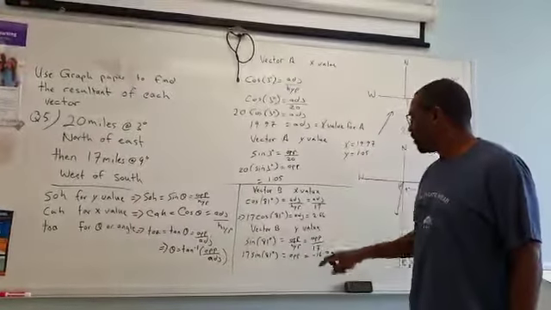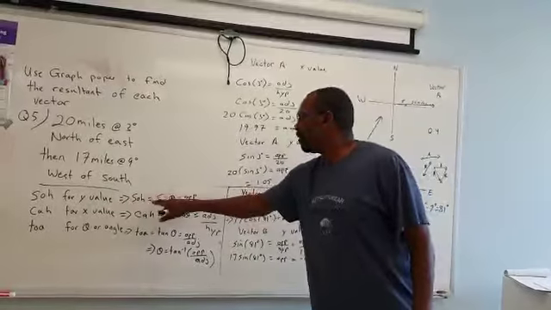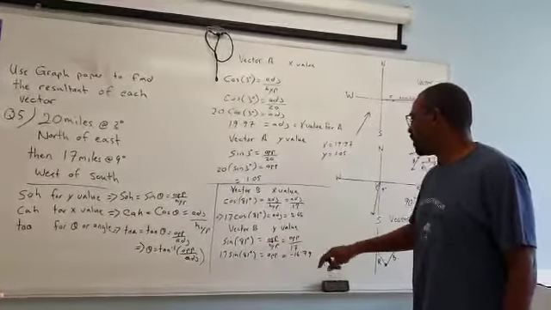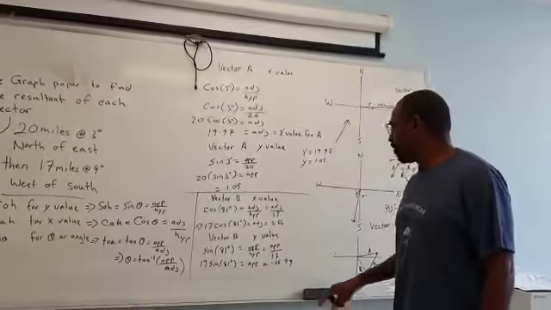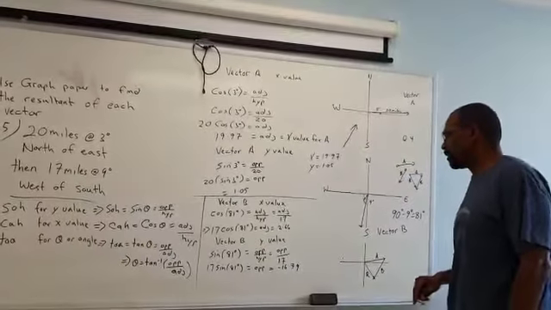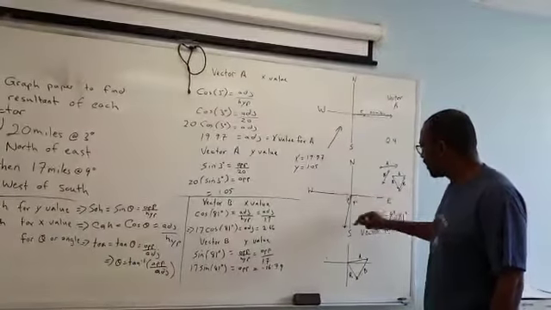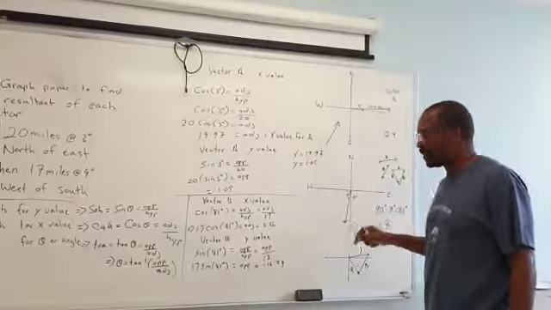For vector B, to find the y value, we're using SOH. So sine of 81 degrees equals opposite over hypotenuse, which is opposite over 17. 17 times sine of 81 is equal to minus 16.79. And we know that this is correct because this y value should be negative, because it's going in a negative direction.